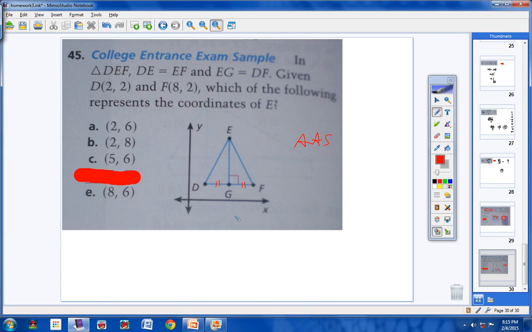Now that's important. So D is (2, 2) and F is (8, 2). Now I'd like you to use common sense, students, please. Watch this. We're over 1, 2, and so on.